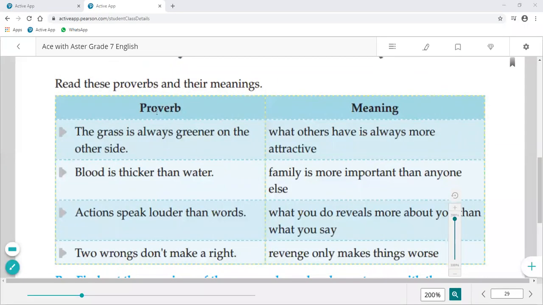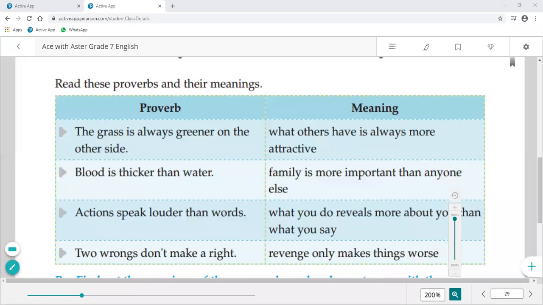So our next exercise is related to proverbs. As you all read about proverbs, what are proverbs? A short, well-known saying stating a general truth or piece of advice. They give us advice related to general truth. That is called a proverb. Read these proverbs and their meanings.